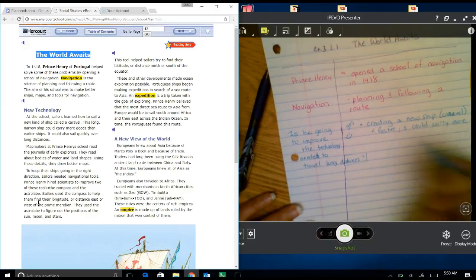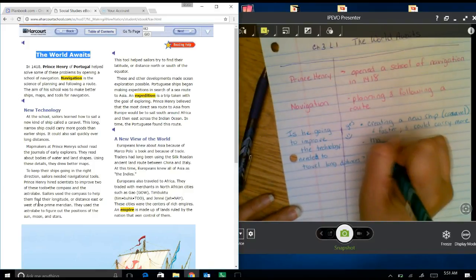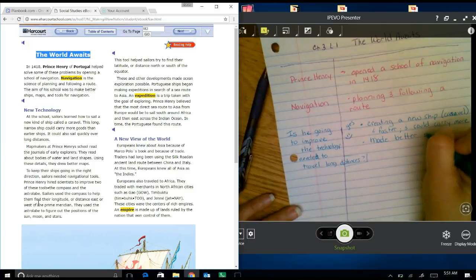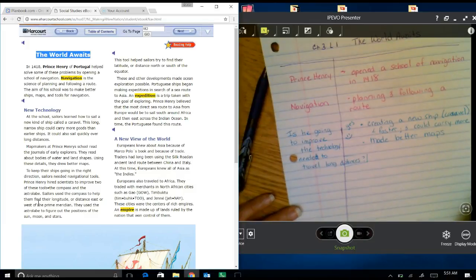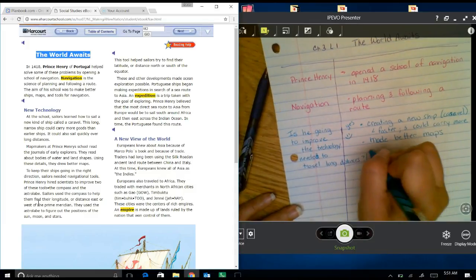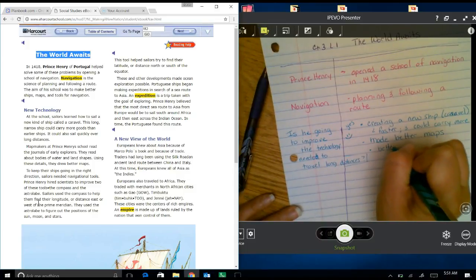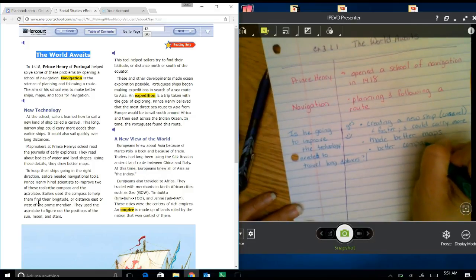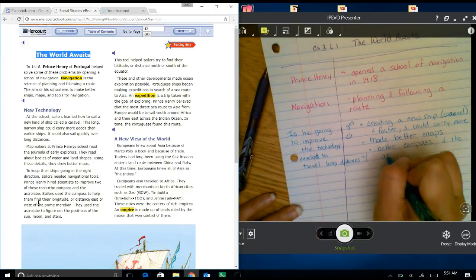Okay, they created better maps. Better navigational tools, such as the compass, and the astrolabe.